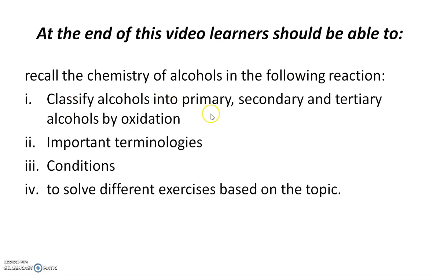Classify alcohols into primary, secondary and tertiary alcohols by oxidation reaction. Important terminologies used in this topic: condition necessary for oxidation and to solve different exercises based on the topic.